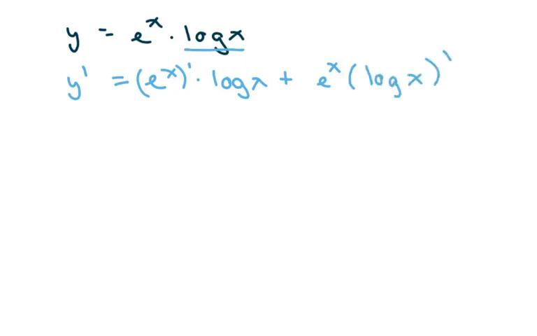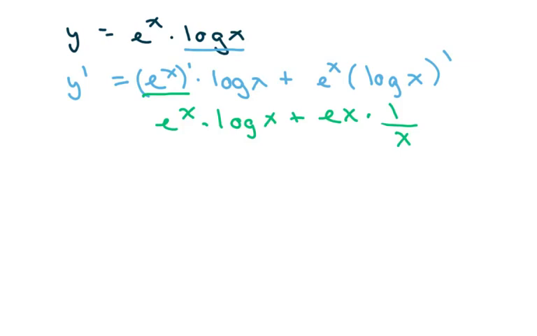So that's just showing my steps. The derivative of e to the x is just e to the x times log x. And then here we have e to the x times the derivative of log of x, which is 1 over log of x. No, 1 over x, sorry about that. 1 over x.